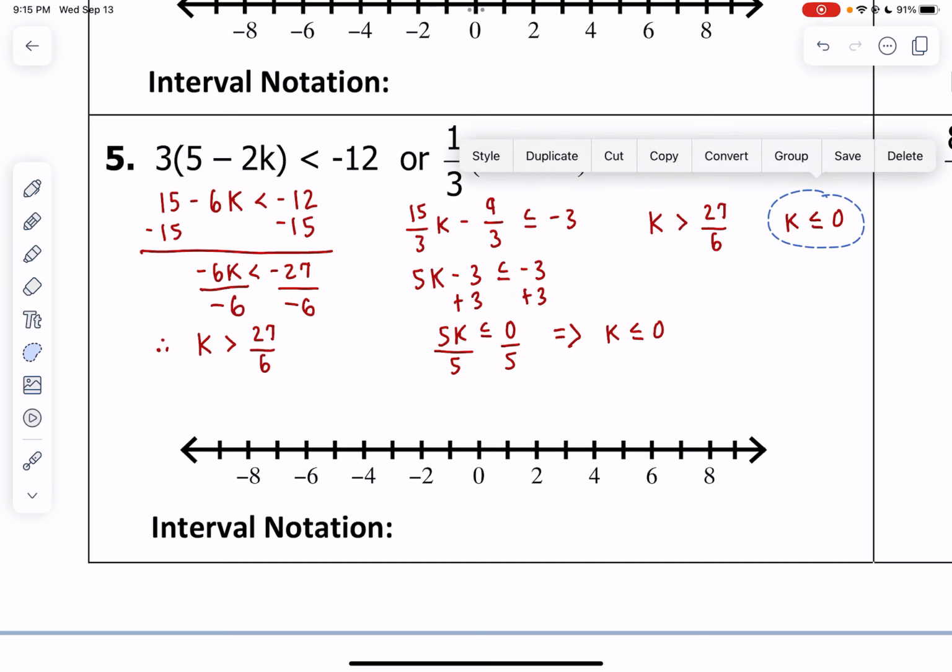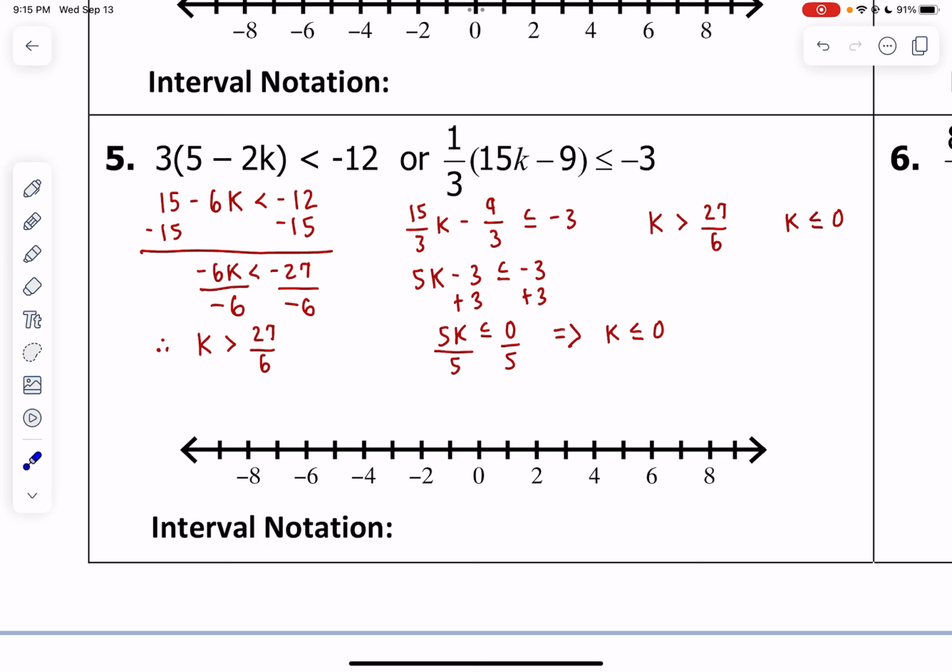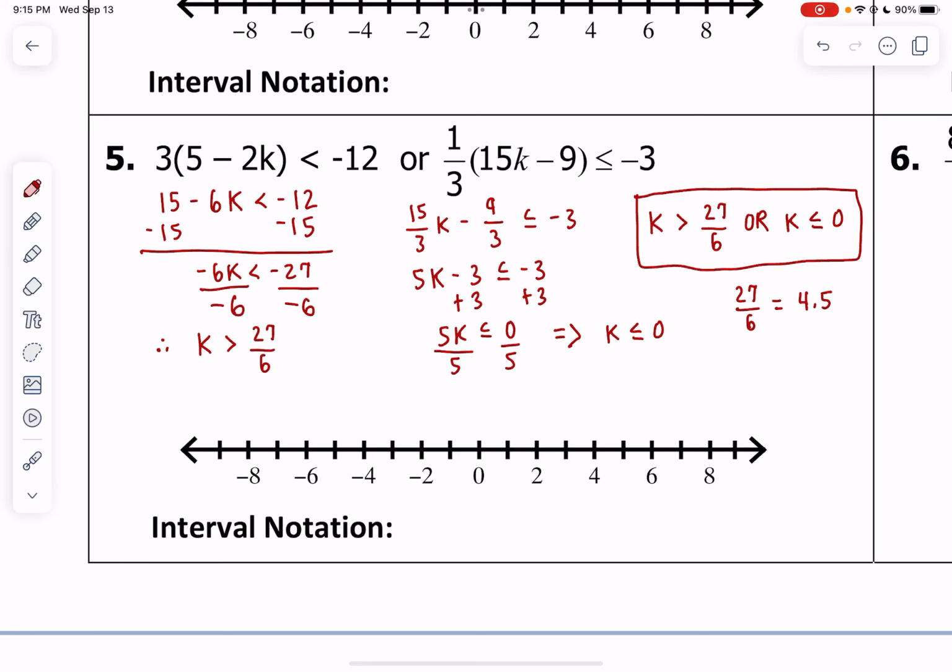All right, since we're dealing with the OR compound inequality, we have to put in the OR in the middle. Okay. So that would be your answer to the first part of the question. And just an FYI, 27 over 6 is actually equal to 4.5 if you plug it into the calculator.